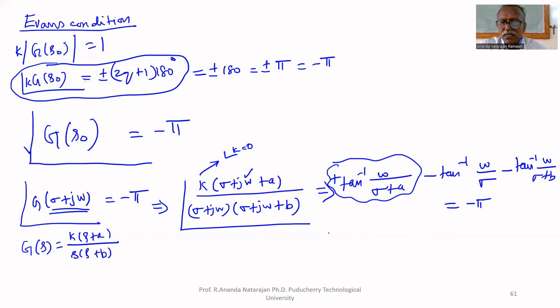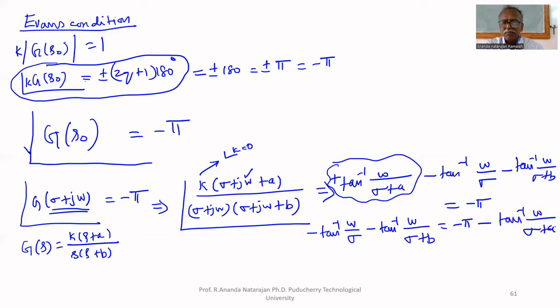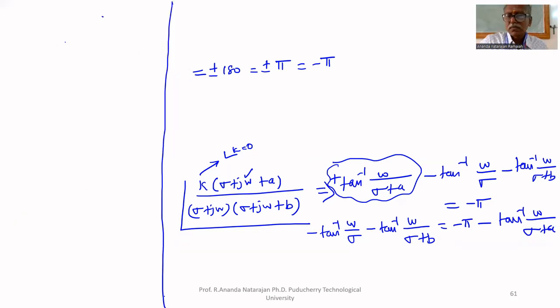What you will get is minus tan inverse of omega by sigma, minus tan inverse of omega divided by sigma plus B, equals minus pi minus tan inverse of omega divided by sigma plus A. Since all are negative, we can make it positive.